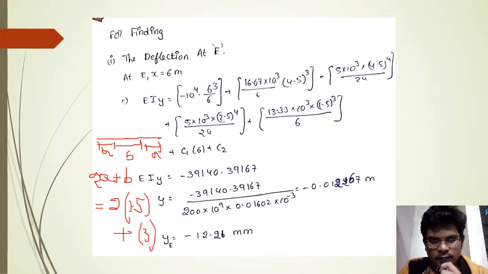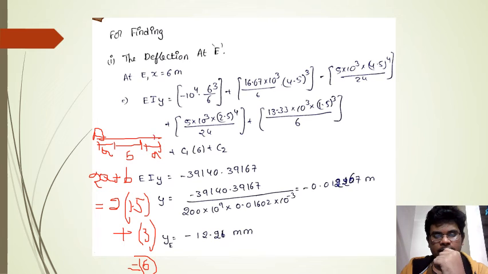That gives rise to 3 plus 3, that is equals to 6, which is E. This is A and this is E. So at E, x is equals to 6.